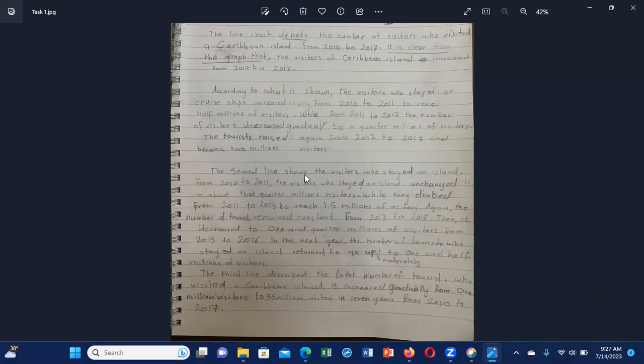All right, so you can see what you have written. The line chart depicts the number of visitors who visited a Caribbean island from, whatever you have written. And you have sent me another picture that I'm going to show you. And this is your concluding paragraph, to sum up, whatever you have written.